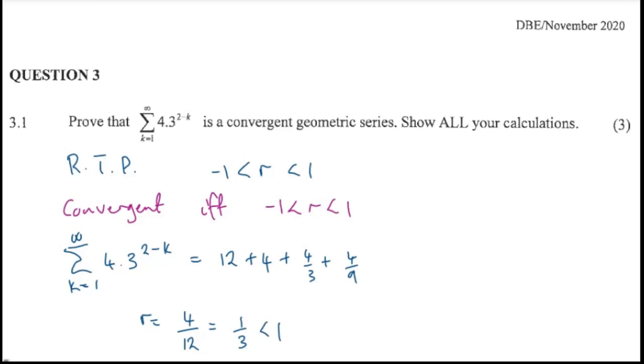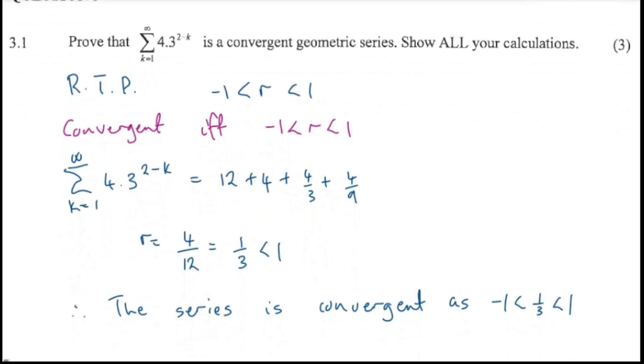So therefore the series is convergent, as 1 over 3 is between -1 and +1. So we've just proved that the series is convergent.